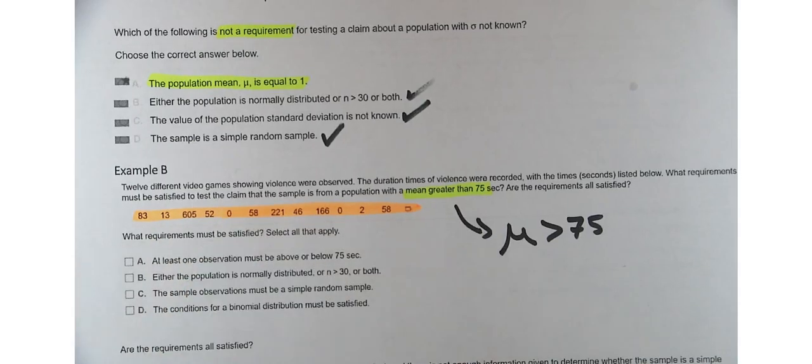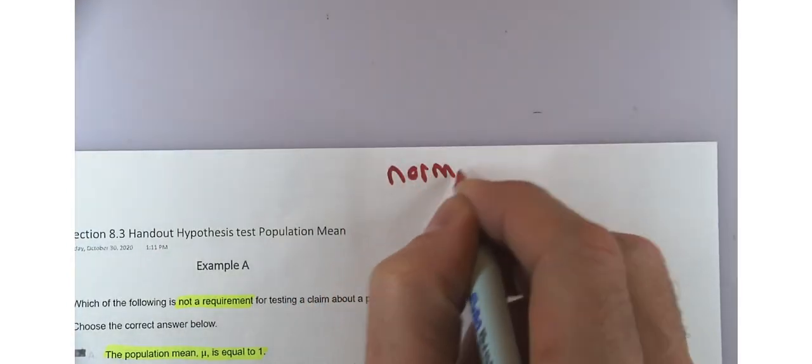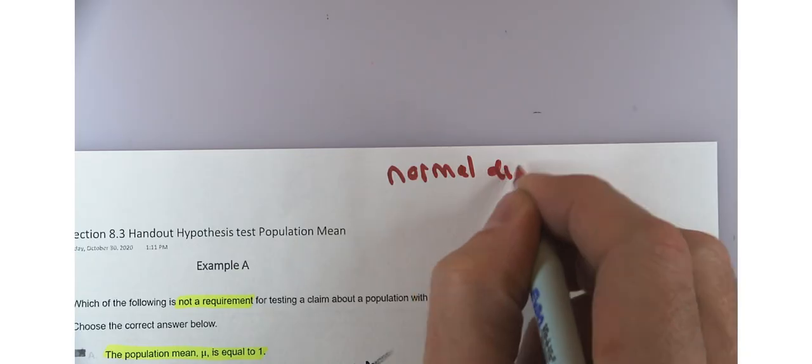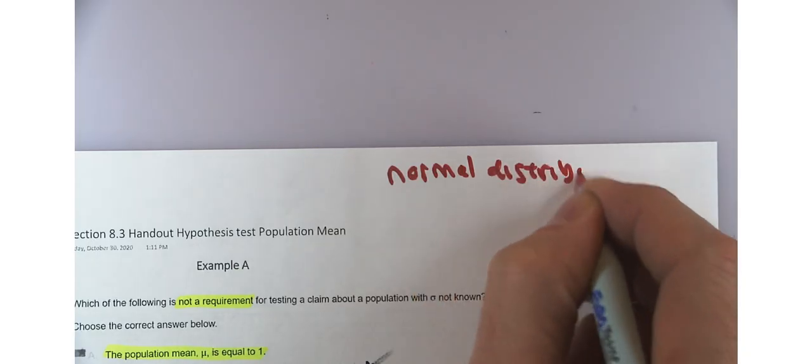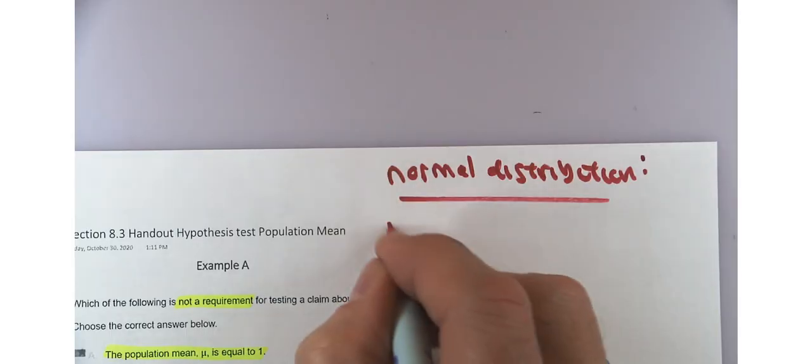But let's remind ourselves, how could you check if something has a normal distribution? What are the things that we've listed in this class to help us decide if it has a normal distribution? First one is a histogram.